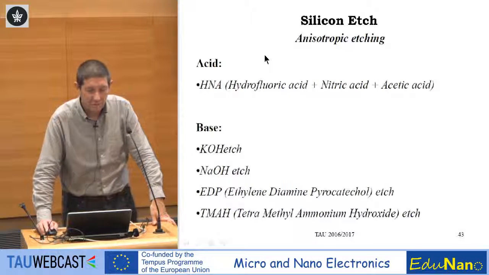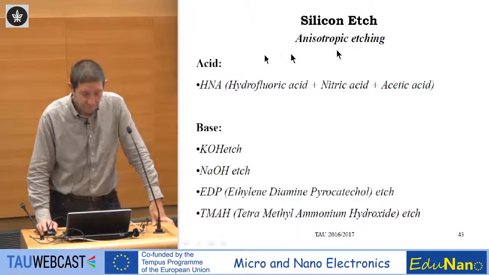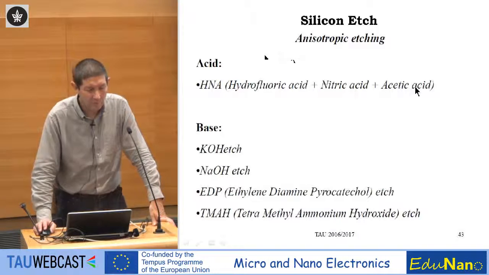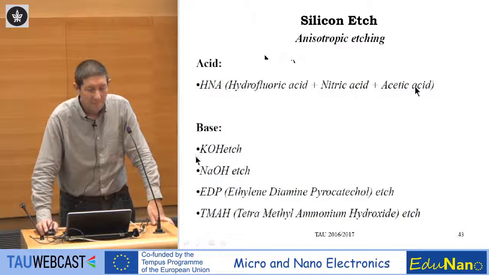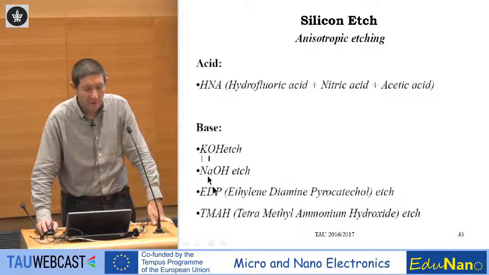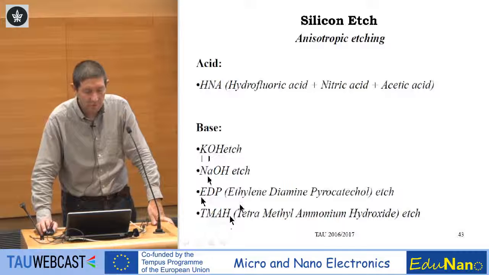Silicon etch. And let's talk about anisotropic etching. Anisotropic etching uses hydrofluoric, nitric, and acetic acids. This is what I showed you before. But also bases like KOH, NaOH, EDP, which I'll give you the exact formulation, and tetramethyl ammonium hydroxide.